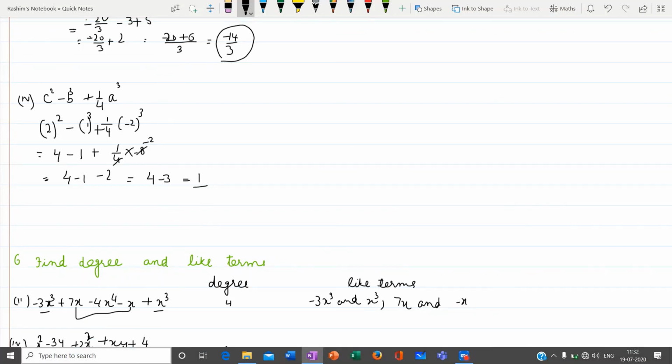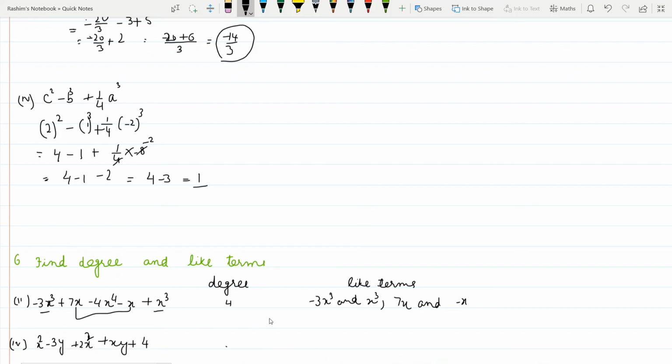Now, in part 4, we can see x square minus 3y plus 2x square plus xy plus 4. Here we can see the powers are 2, here 1, here 2, here 2, here 2. It means the degree is 2, and the like terms are x square and 2x square.